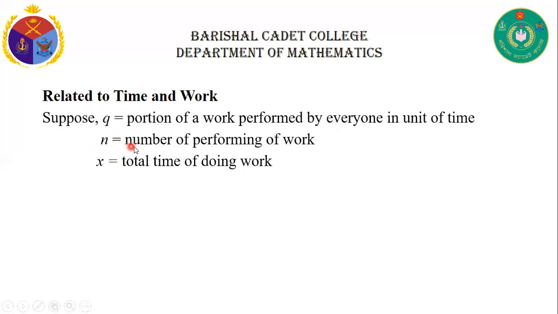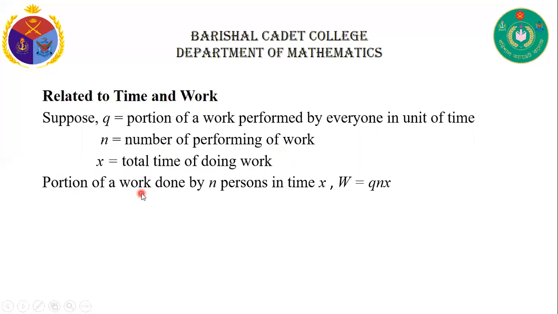N equals the number of persons performing the work, and X equals the total time of working together. Then the portion of work done by N persons in time X, W equals QNX. That is the total work done by N persons in X hours.